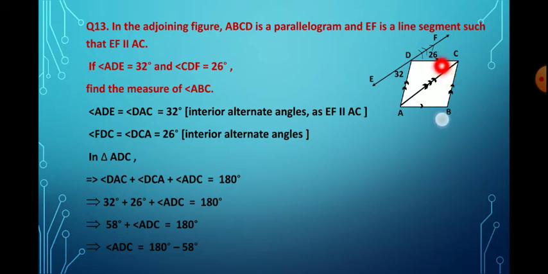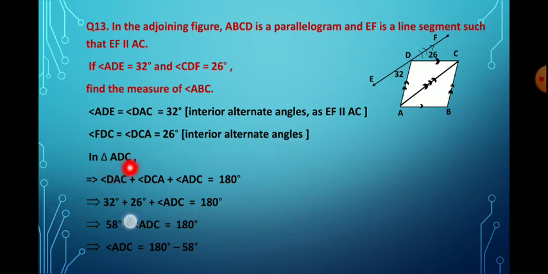Because alternate angles. Also, angle EDA equals angle DAC, again alternate angles. So angle ADE equals angle DAC, that is 32 degree, since interior alternate angles, where EF is parallel to AC and DA is the transversal. Angle FDC equals angle DCA, that is 26 degree. Reason, interior alternate angles, where EF is parallel to AC and DC is the transversal.